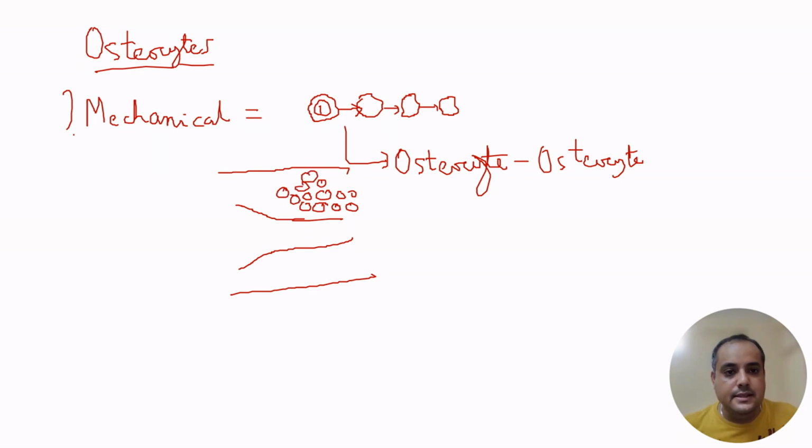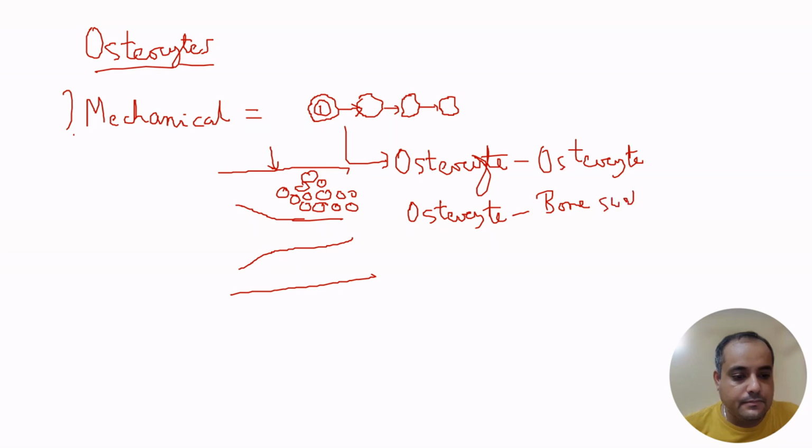That means an osteocyte will also have a connection to the bone surface. This is the bone surface. An osteocyte to the bone surface connection, and there is also an osteocyte to osteocyte connection.